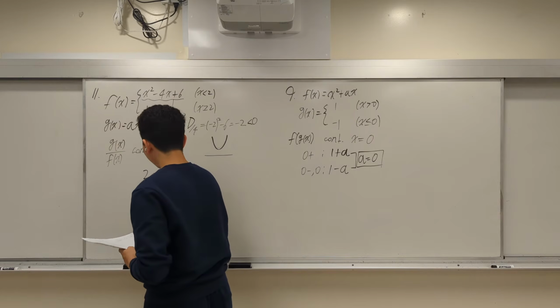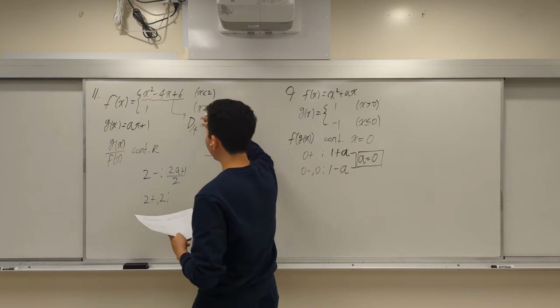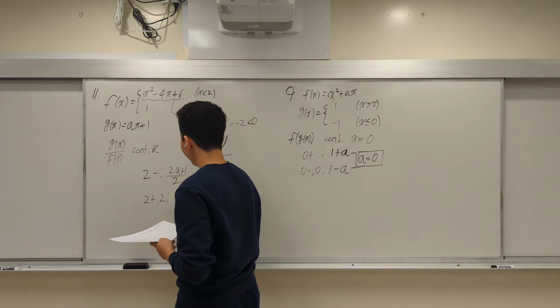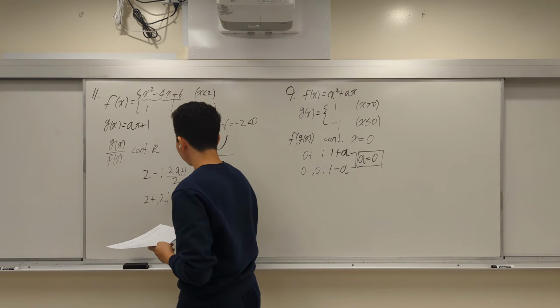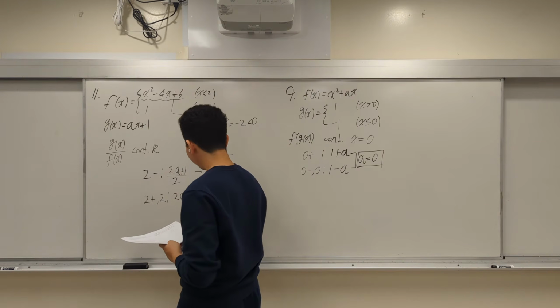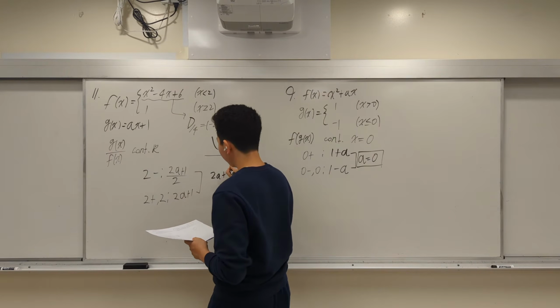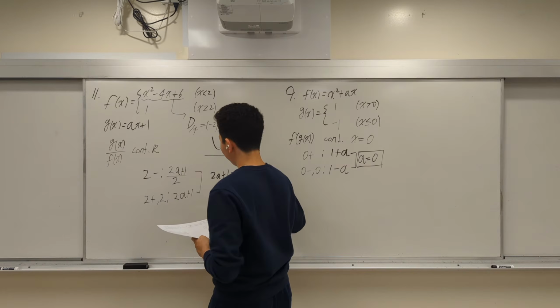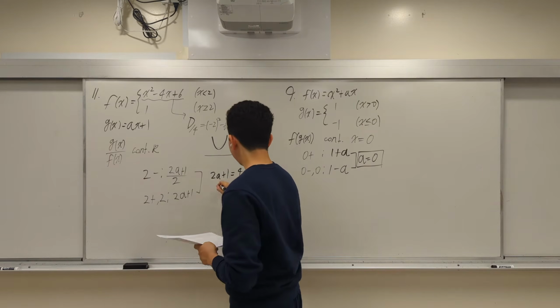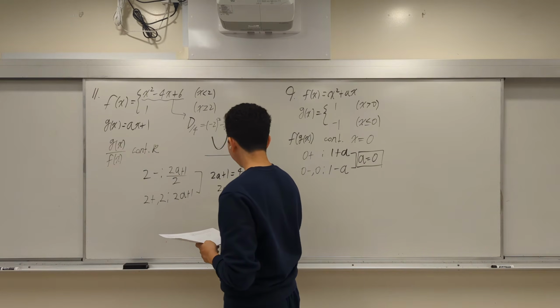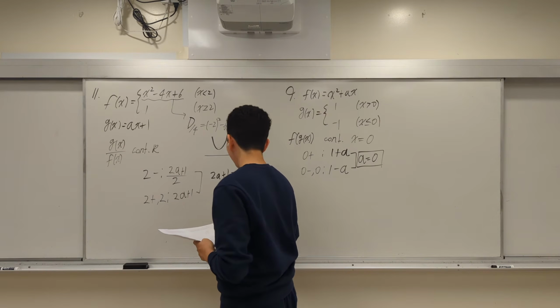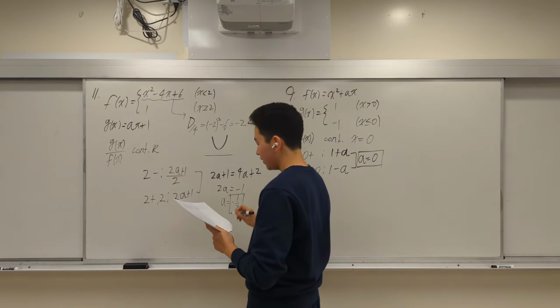And at 2 plus, f of x is going to be 1, and g of x is going to be 2a plus 1. These two have to be equal to each other. So 2a plus 1 equals 4a plus 2. So 2a equals negative 1, a equals negative 1/2 would be the answer to this question.